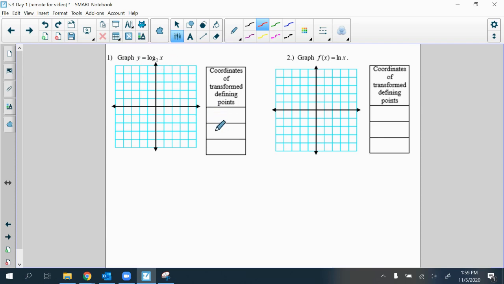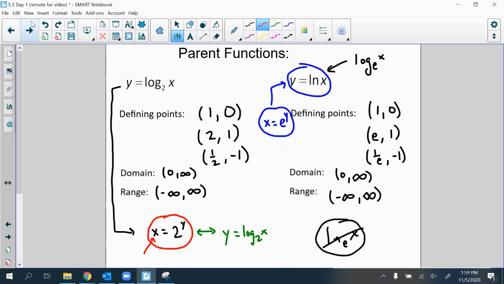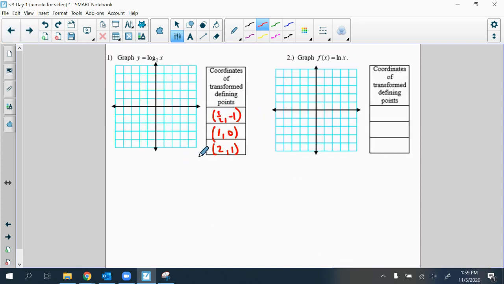So the coordinates of the defining points are 1/2, -1; 1, 0; and 2, 1, as we wrote here. And you could see that, for example, log base 2 of 2 is 1. Log base 2 of 1/2 is -1. These are things that we've learned so far.